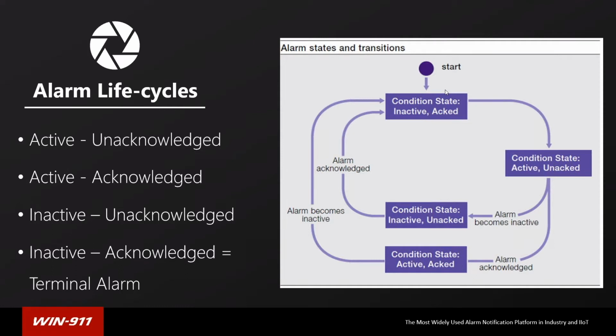And if that alarm were to trip again, it starts its initial event all over again. Now we do have options in place. Let's say the alarm does become inactive without being acknowledged. You can always tell WIN-911 to automatically acknowledge those alarms for you so they complete their life cycle, become terminal, and then if that alarm trips again, it starts the process all over again.